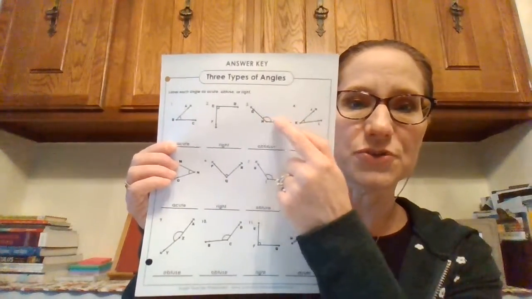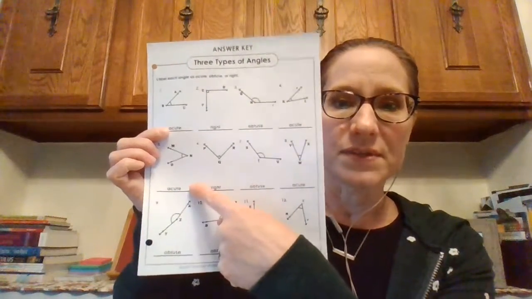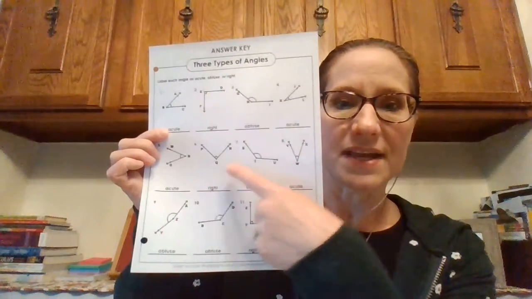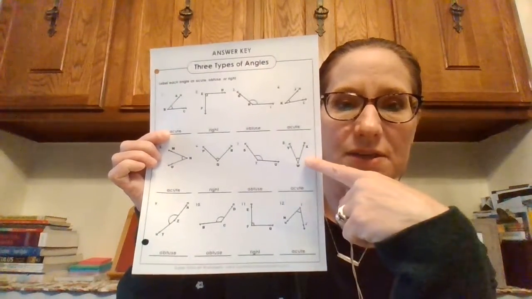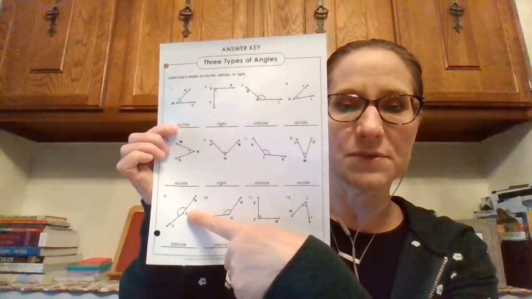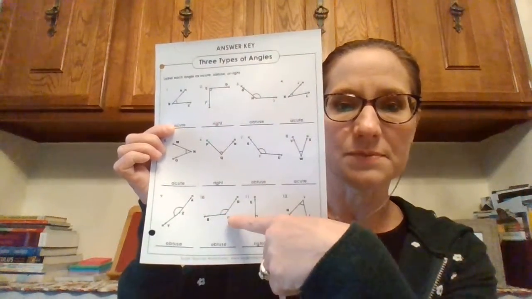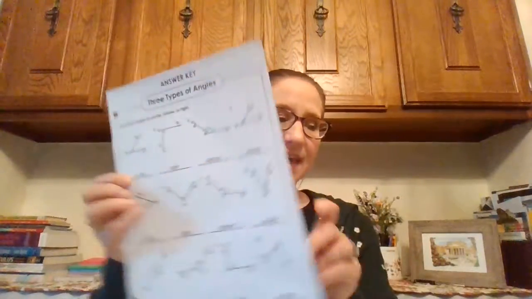So these little lines are showing you the angle. So if it's a wide one, obtuse. This one is acute. Murray said that's right. This is obtuse. This is acute. This one is obtuse, obtuse, right, and acute. So once you get the hang of that, pretty easy.